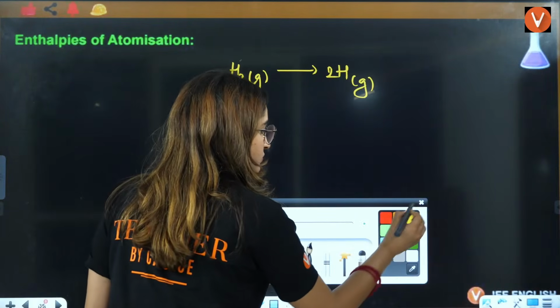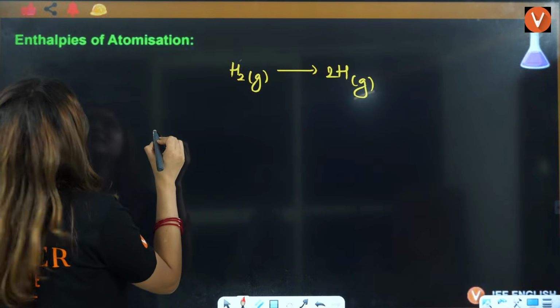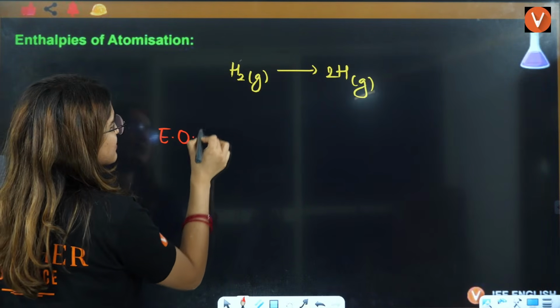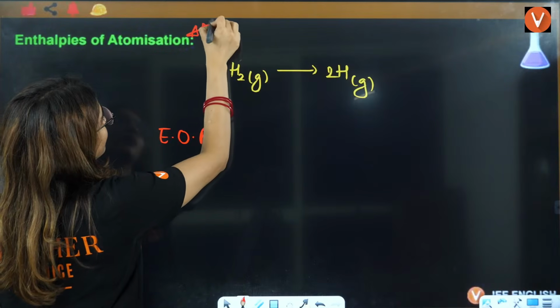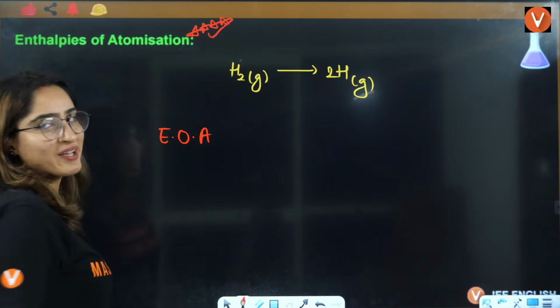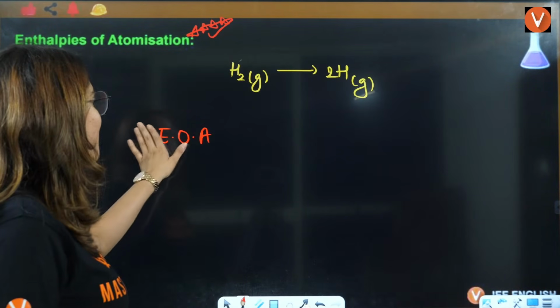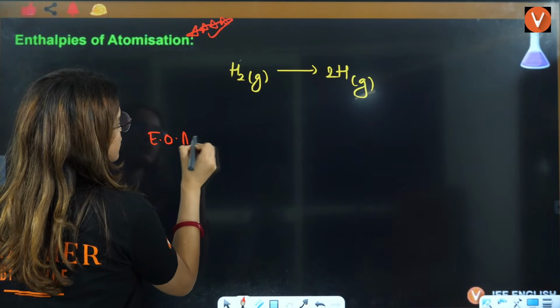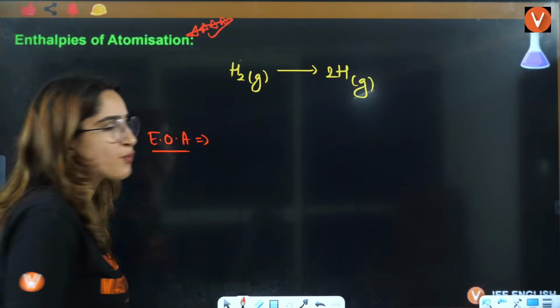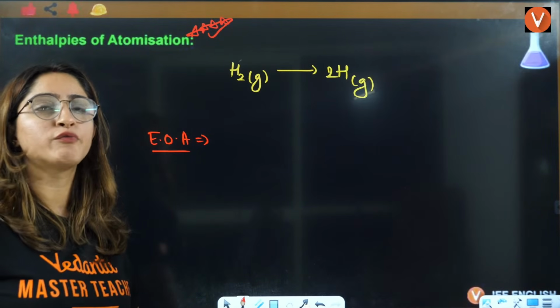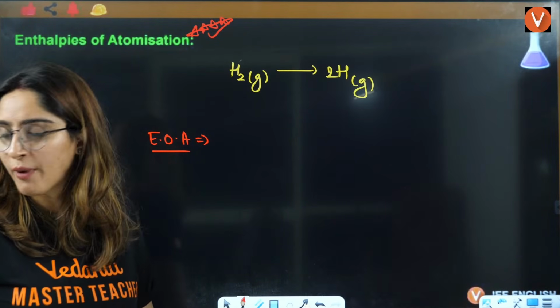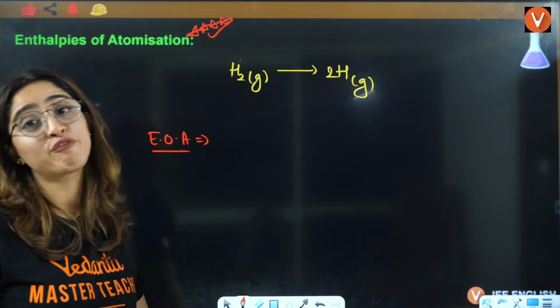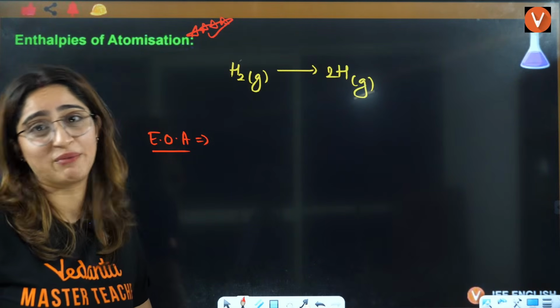Now, enthalpy of atomization is a new important topic. I'll tell you why: in 2025 they have asked questions based on this. We will also do it in detail, don't worry about that, but you have to remember the trend which is there in the table.